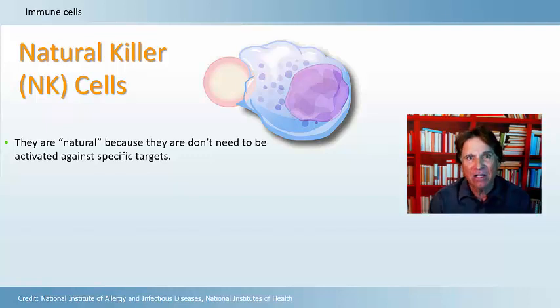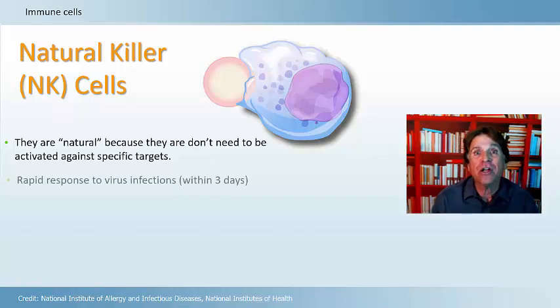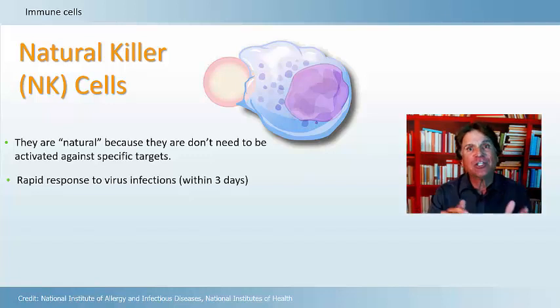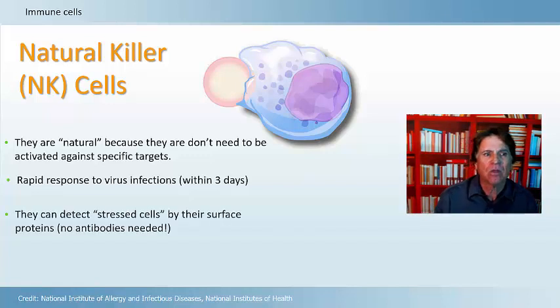They can attack and destroy that foreign particle. In fact, they have a very rapid response to some viruses. And this rapid response can happen within 3 days, as opposed to the antigen-antibody reaction, which can take several weeks before you have antibodies that are targeting viruses.